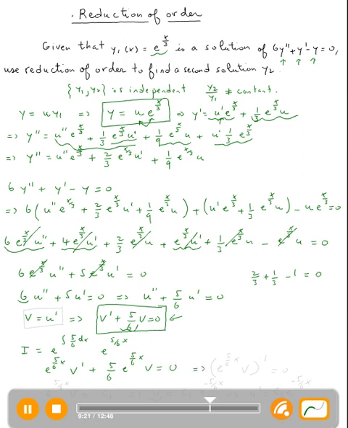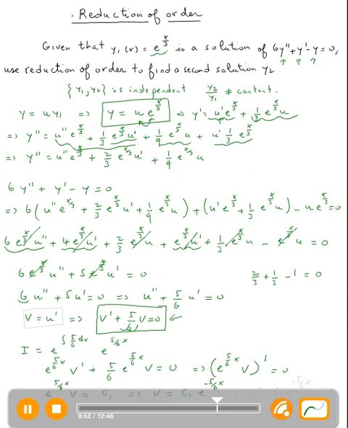Now we know that this is just the integrating factor times v, everything prime, which is 0. This tells us that e^(5x/6) v is equal to some constant. I'm just going to call it c1, because c2 will appear later. Now this means that v is equal to c1 times e^(-5x/6). All I'm doing is dividing by e^(5x/6).